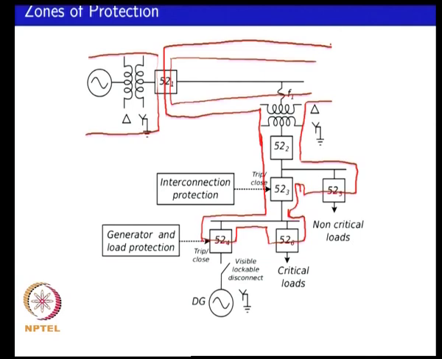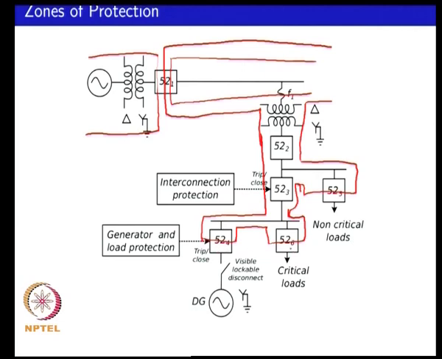So, when the DG is present and when your grid is present, if, for example, your 52.1 opens, you need to ensure that your DG is still able to detect such a situation and open your interconnection in response. And if the DG is absent and the grid is present, you want to make use of the interconnection protection to protect up till the next protective device, which would be in this case 52.4 or 52.6.